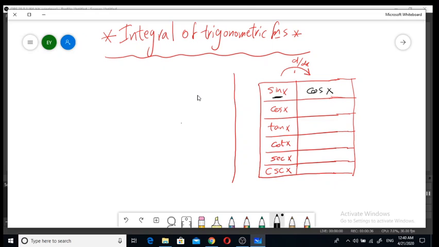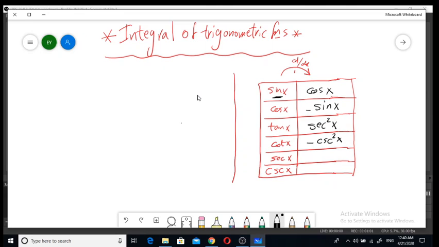And the derivative of cosine x is going to be negative sine x. And the derivative of tan x will give us sec squared x. And the derivative of cotan x will be negative cosec squared x.